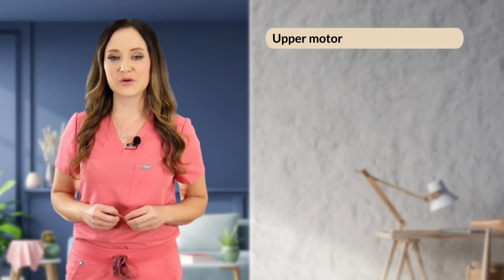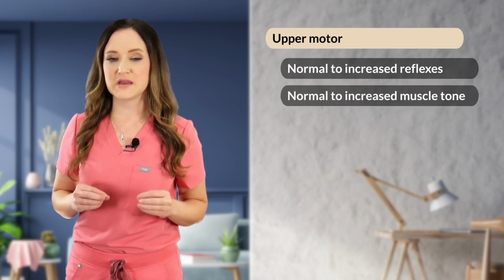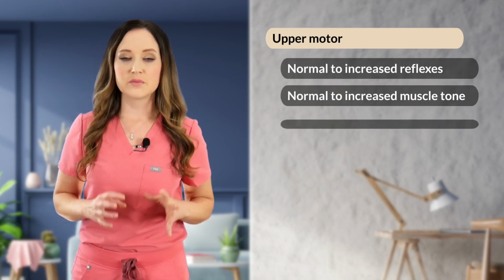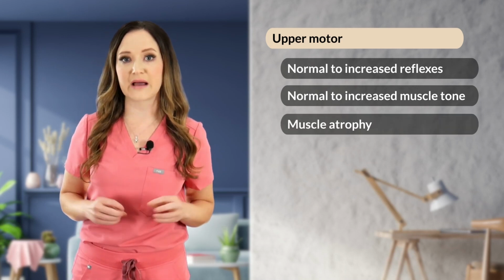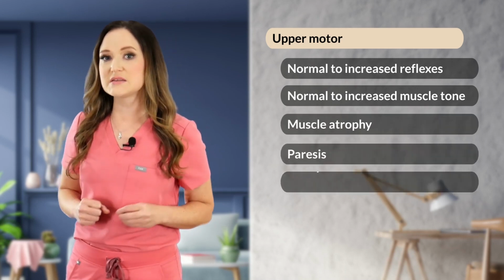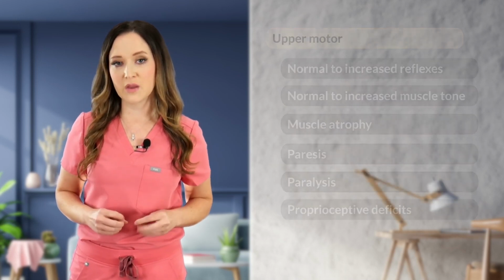Upper motor neuron signs include normal to increased reflexes, normal to increased muscle tone, muscle atrophy, which occurs over a period of weeks to months due to lack of use, paresis and paralysis, and proprioceptive placing deficits.